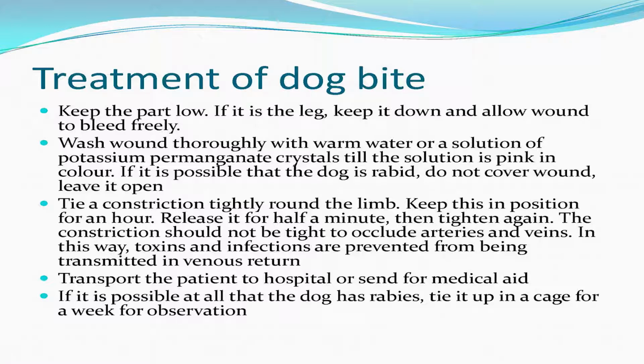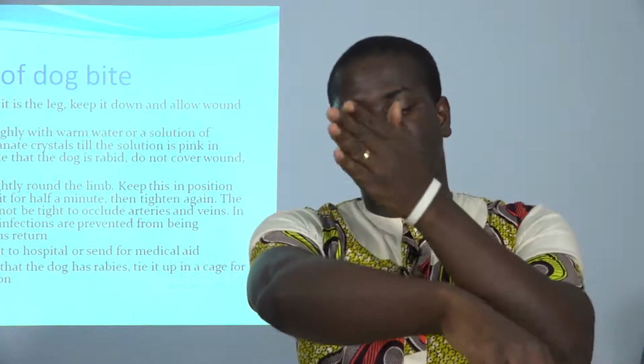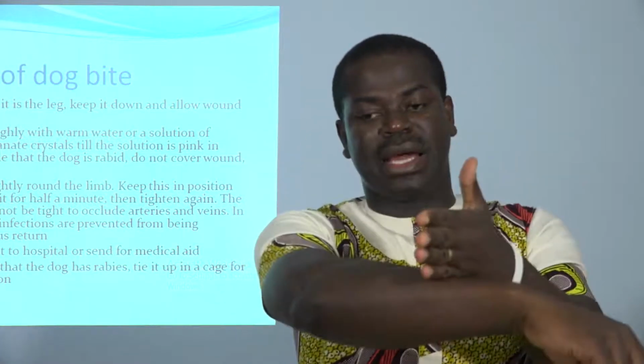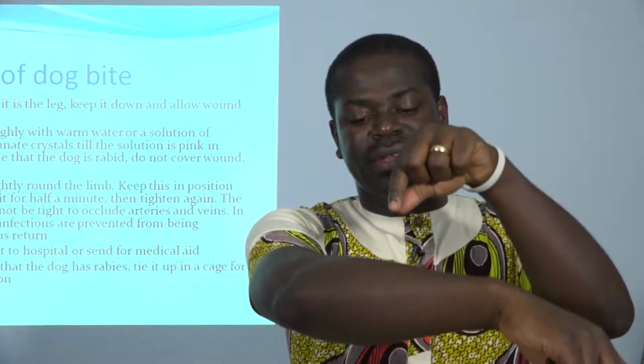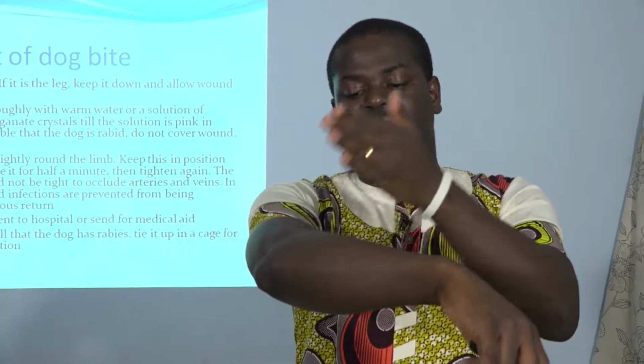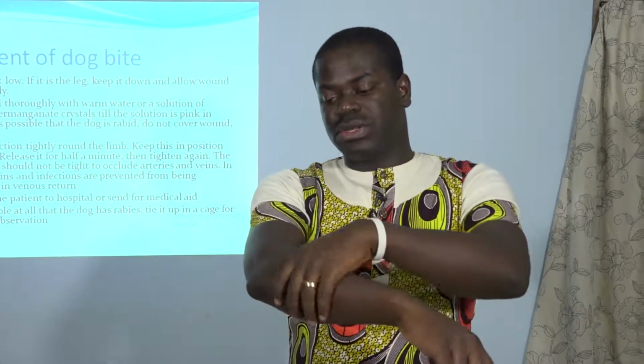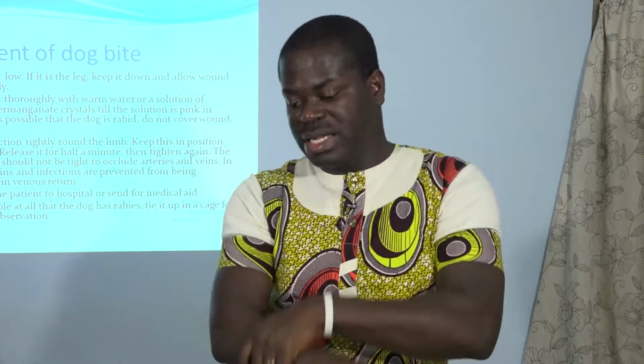Wash the wound thoroughly with warm water or a solution of potassium permanganate crystals if the solution is pink in color. Tie a constriction round the limb. So if the individual is bitten here, you tie above and below, so that the poison will be restricted to that localized area only.